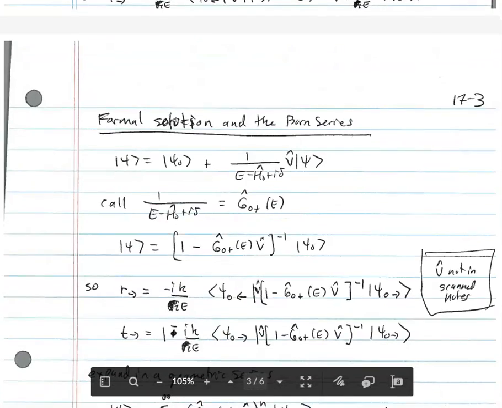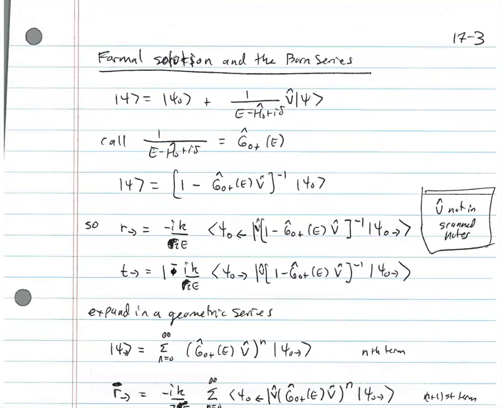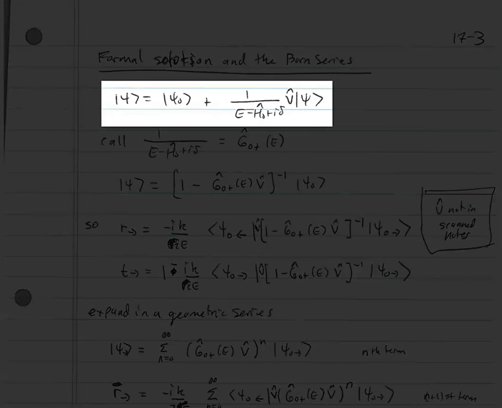Okay, now we can also look at a formal solution via what's called the Born series. And I want to remind you now about the expression that we got when we were looking at the Wigner-Brillouin perturbation theory. For Wigner-Brillouin perturbation theory, we had an expression that looked like this, where we have psi is equal to psi 0 plus 1 over e minus h0 plus i delta v psi.